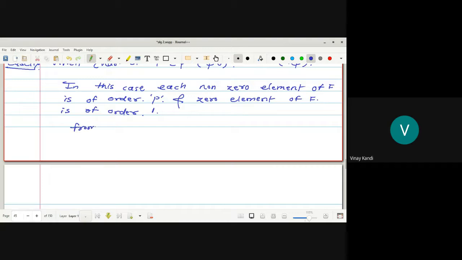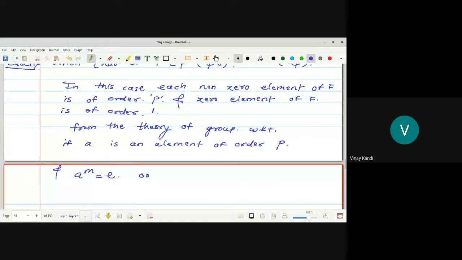Now from the theory of groups, what we know, if A is an element of order p, and A raised to m is equal to e.